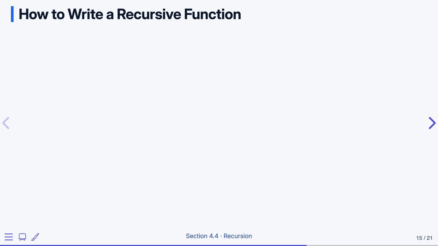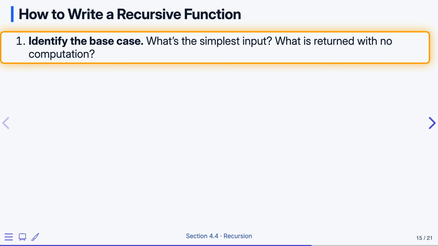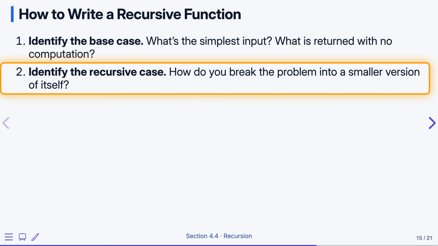Every recursive function follows the same 4-step pattern. Step 1. Identify the base case. What is the simplest input, and what should the function return with no computation? Step 2. Identify the recursive case. How do you break the problem into a smaller version of itself?